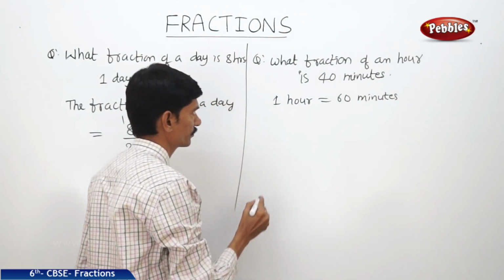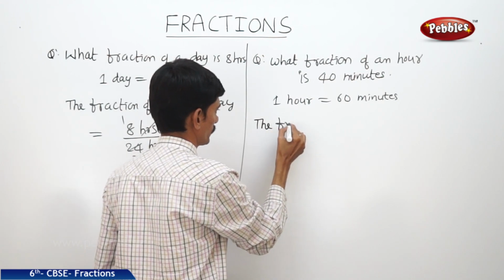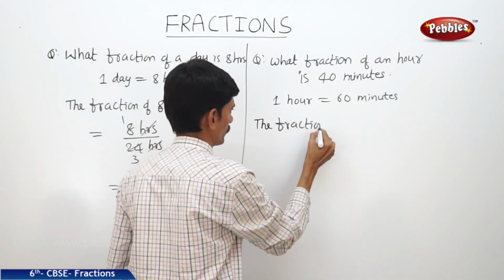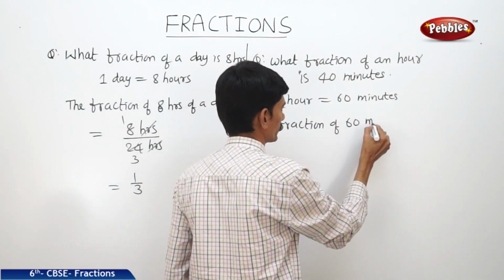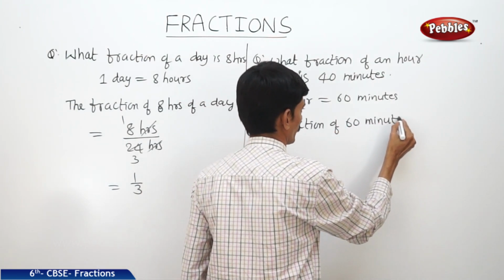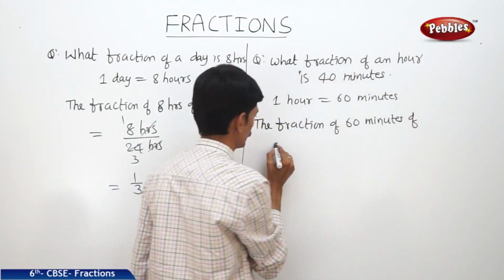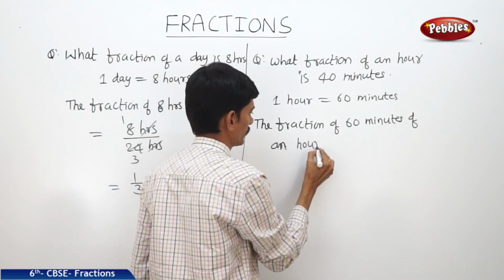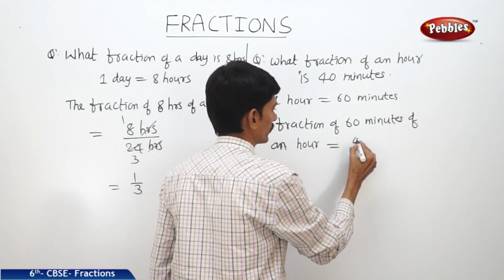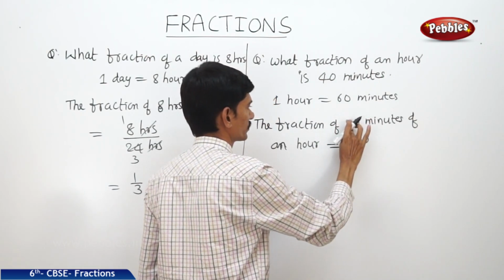So the fraction of 60 minutes of an hour equals 60, the fraction of 40 minutes.